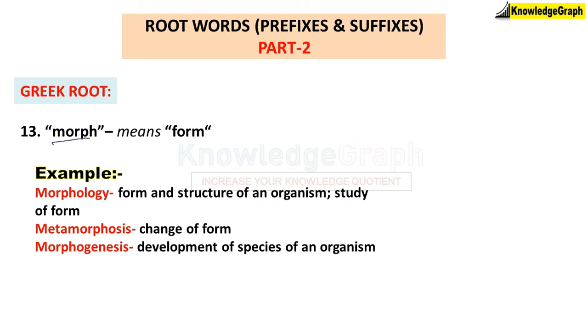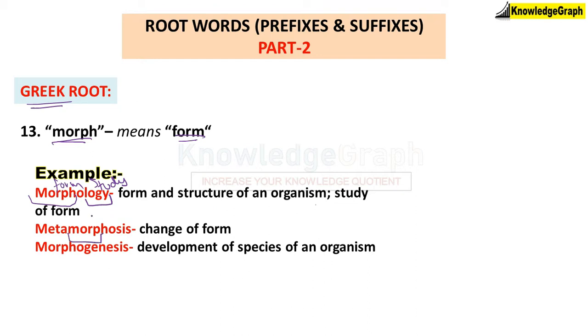Next is morph. Morph is also a Greek root word which means form. Morphology. Morph is form. Logy basically means study. So form and structure of an organism, a study of a form, like a study of an organism or a structure of an organism, that is called morphology. Metamorphosis.